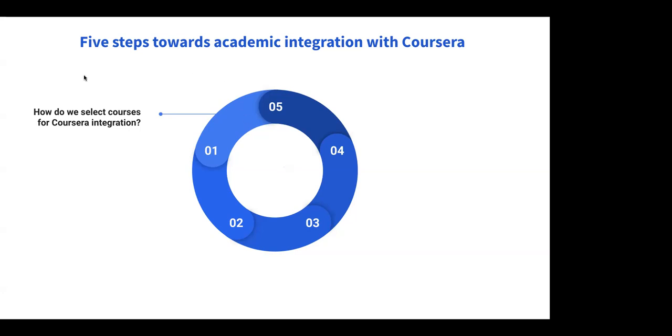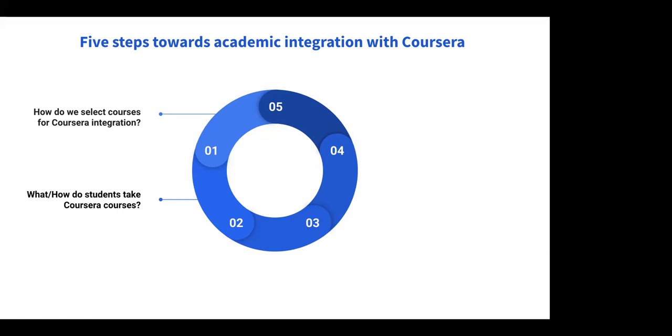The faculty selects the courses for integration, and then they inform the students what it is that you expect from them. Maybe in some cases the faculty would want the students to complete the course before the class. That is the expectation that you can set with your students, that it's a foundational or prerequisite course that everybody has to do.